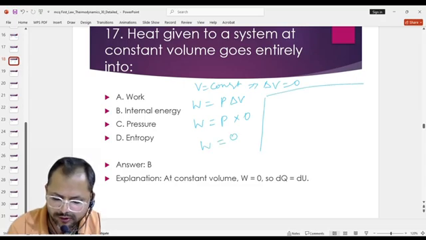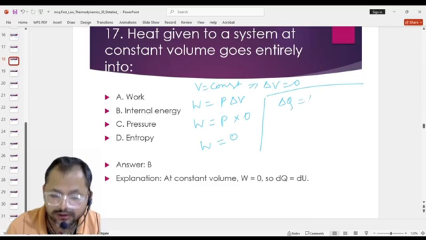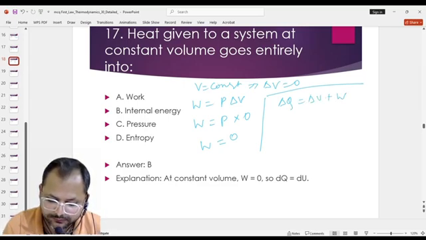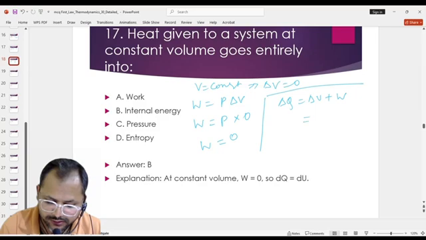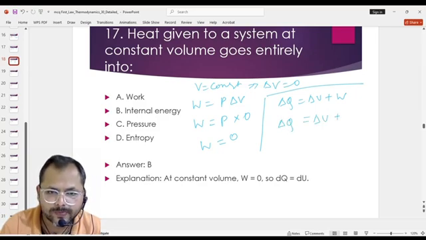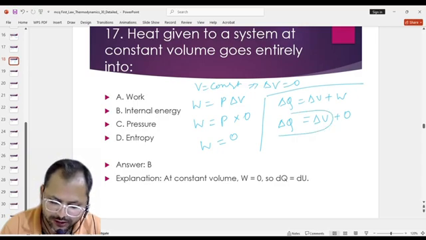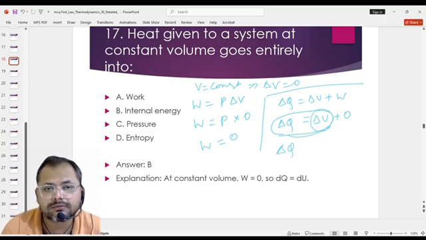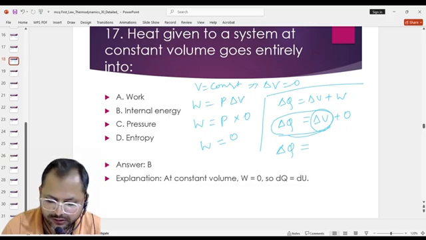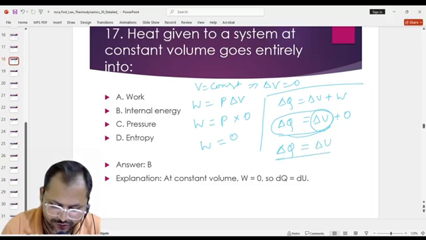So by the first law of thermodynamics, delta Q equals delta U plus work done. Work done is zero, so delta Q equals delta U. So whatever heat is supplied to a system at constant volume goes entirely into change in internal energy.